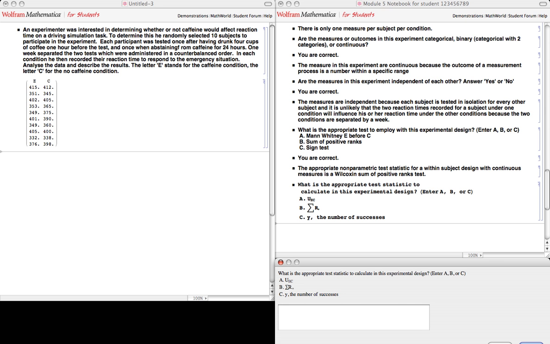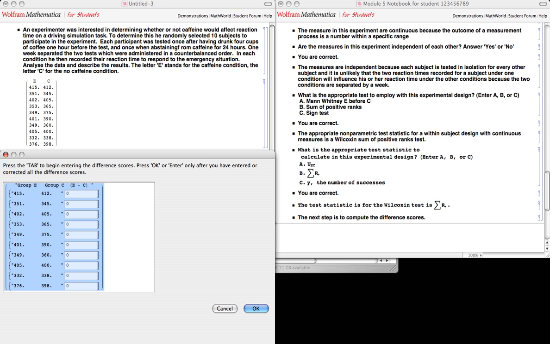What is the appropriate test statistic? The choice A is E's before C's. Choice C is Y, the number of successes in N trials. B is the sum of positive ranks. The next step is to compute the difference scores. Okay, so you're just subtracting column C from column E. So I'm going to do that here. That's 3. That's 6. Okay, that's -3.